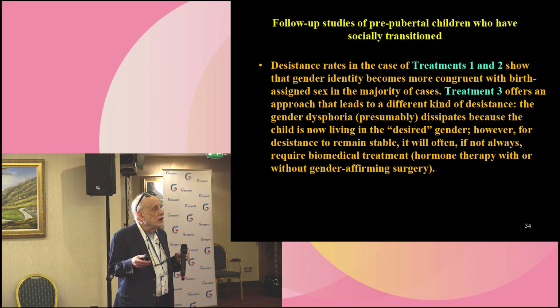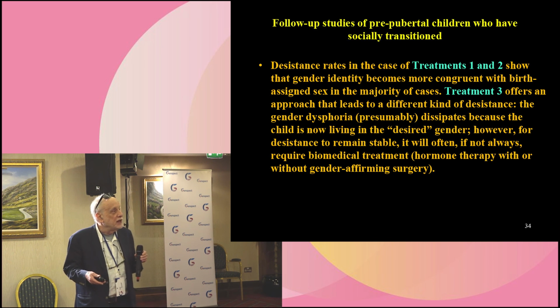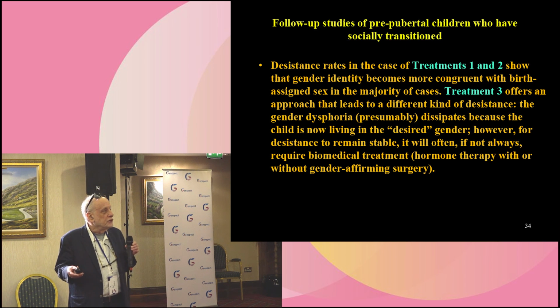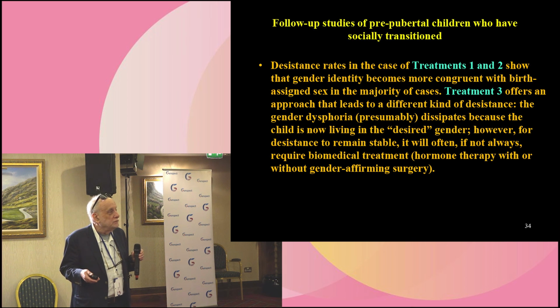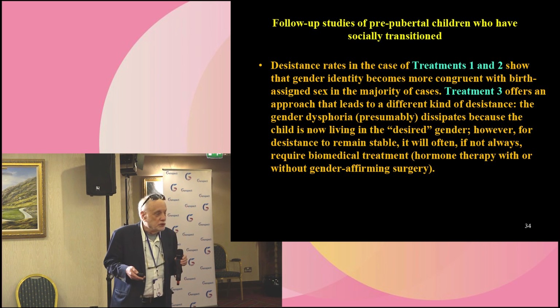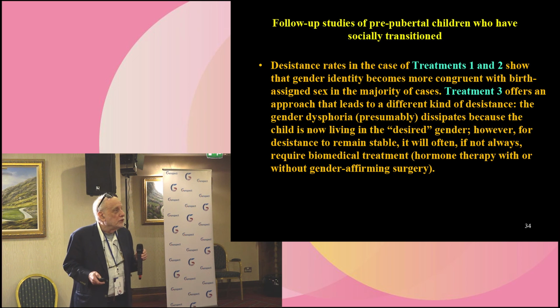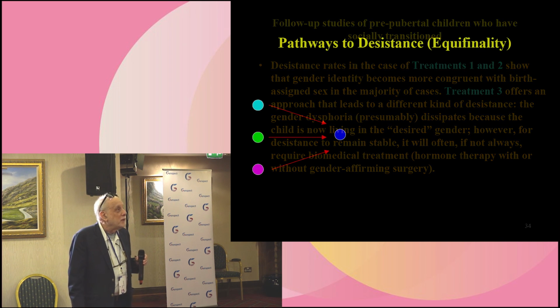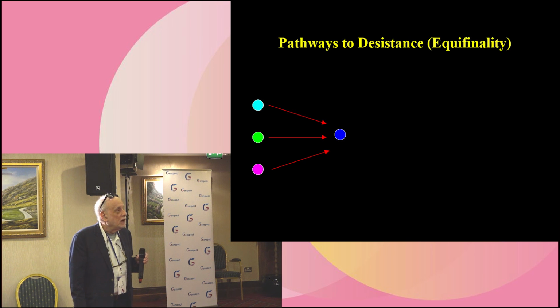The gender dysphoria presumably dissipates because the child is now living in the desired gender. However, for desistance to remain stable, it will often, if not always, require biomedical treatment, hormone therapy with or without surgery. So one could say there are different pathways to desistance.